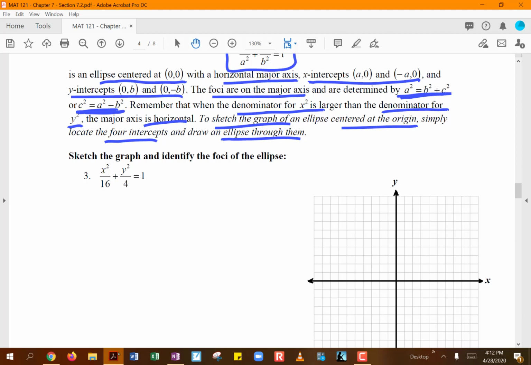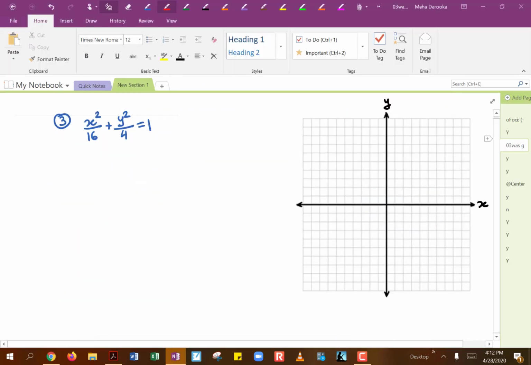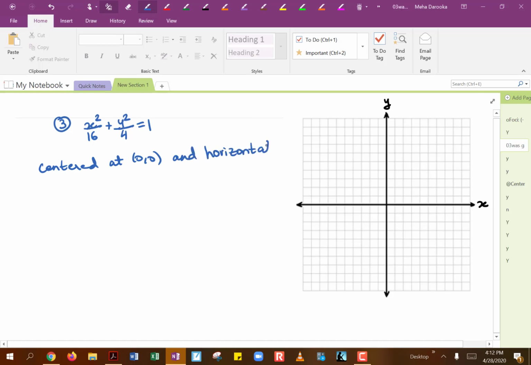We are given x squared over 16 plus y squared over 4 equals 1. Okay, so as you can see, the larger denominator is under our x squared, and of course this means our ellipse is going to be centered at the origin, and it will have a horizontal major axis, okay?